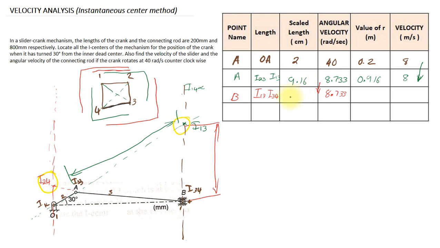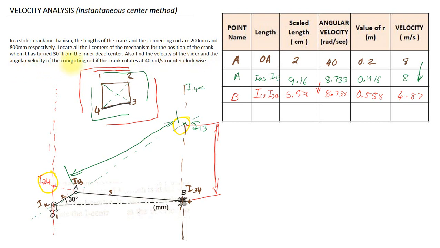Upon measuring, the dimension will be equal to 5.58 centimeter, and the corresponding value of R will be equal to 0.558. From this, we get the velocity of the slider, that means the velocity of slider B. Okay, here B is the slider, so the velocity of slider B will be equal to 4.87 meter per second.